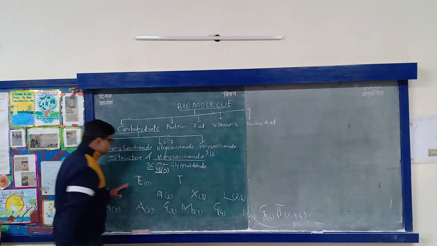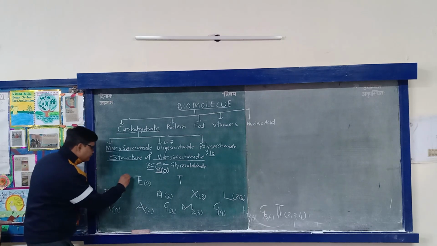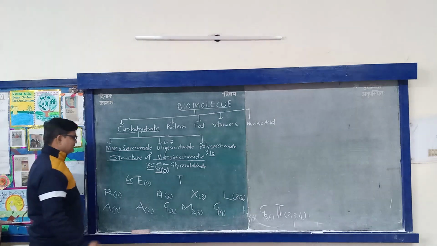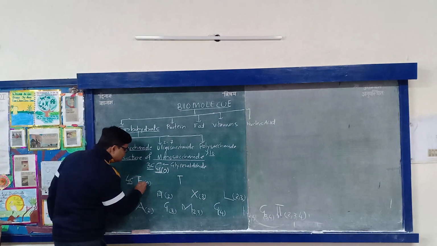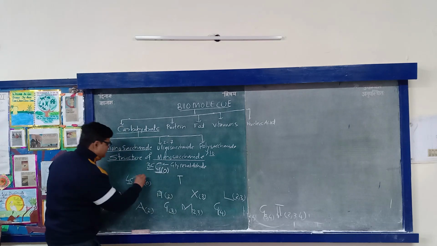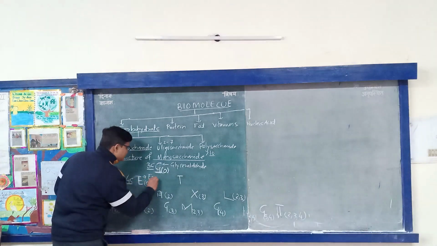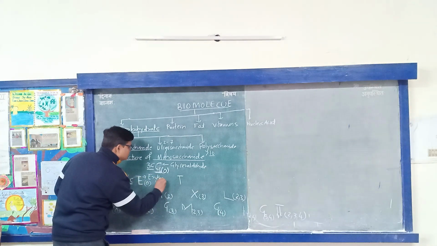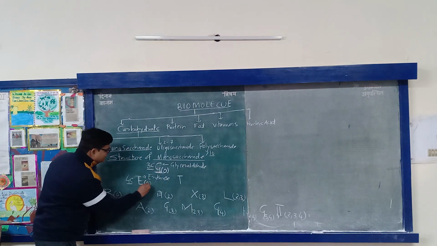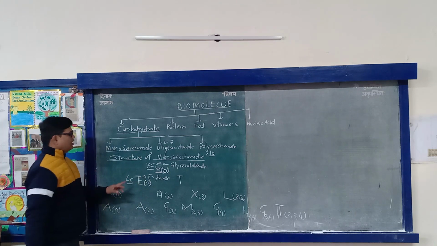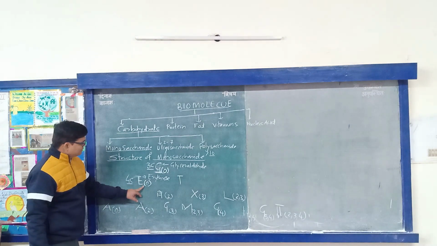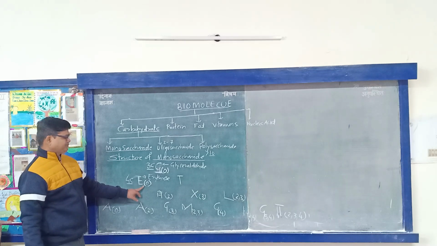Next are the 4 carbon containing monosaccharides, erythrose and threose. E means erythrose, where all the hydroxy groups in the straight chain are present on the right side.